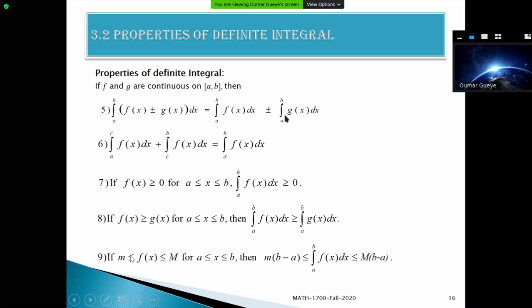So if f of x is between m and capital M, then the integral of f is going to be between these two values: m times (b minus a) on the left, which is just the integral of m, and the value on the right is equal to the integral of capital M over the interval [a, b].